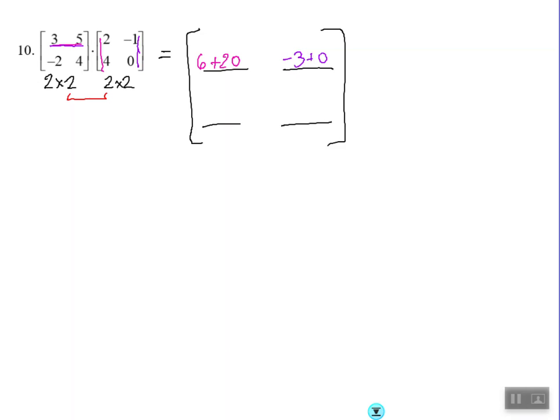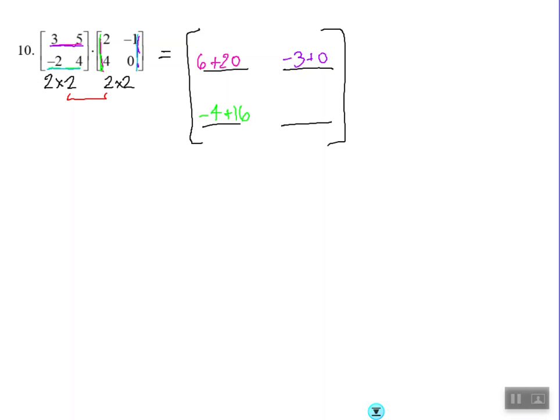To find the element in the second row first column, I'm going to multiply second row times the first column. So I have negative 2 times 2 is negative 4, plus 4 times 4 is 16. Then, to find the element in the second row, second column, I'm going to multiply the second row times the second column.